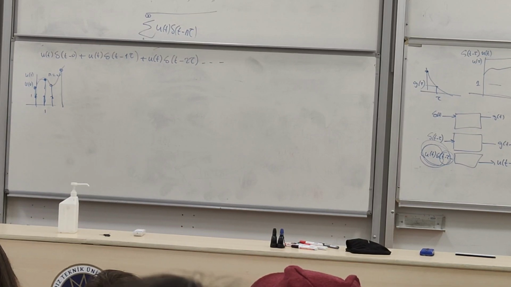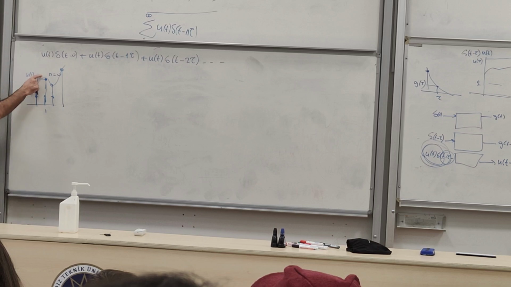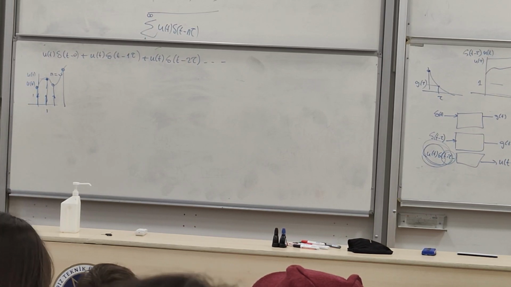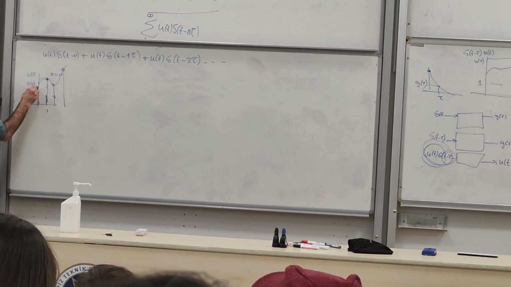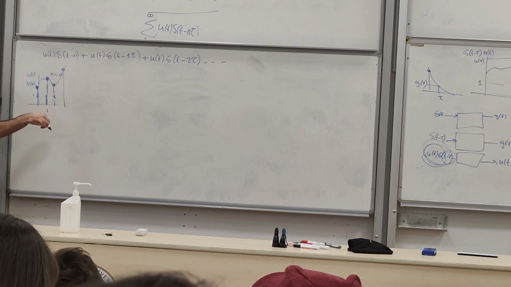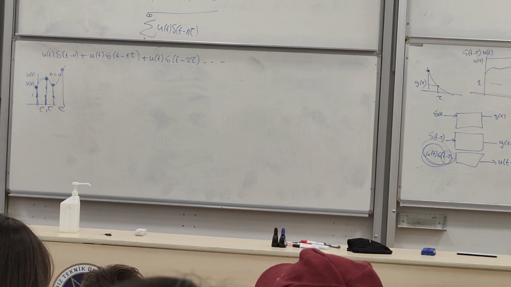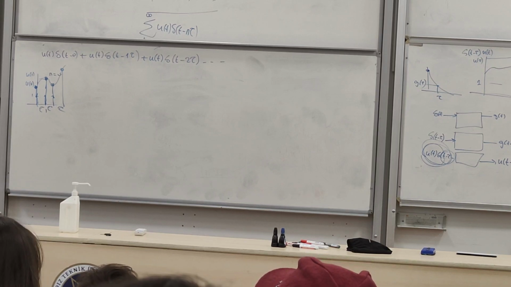What I'm doing actually, if I add them all up, is discretizing the system. I'm sampling the system at this point, at that point, and at every point, at intervals of tau. The same thing as discretizing the system.